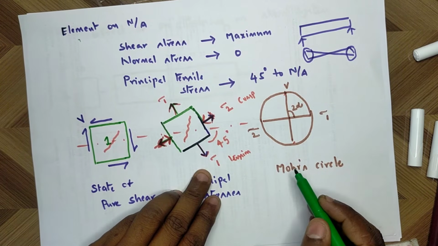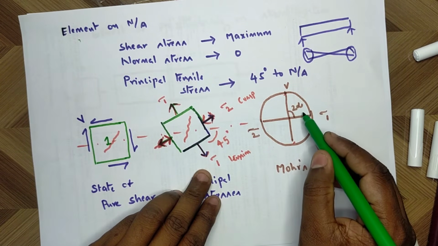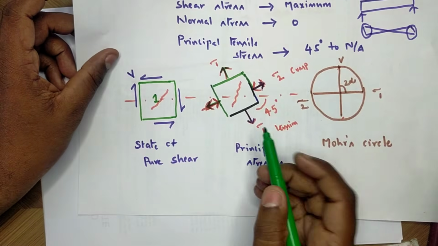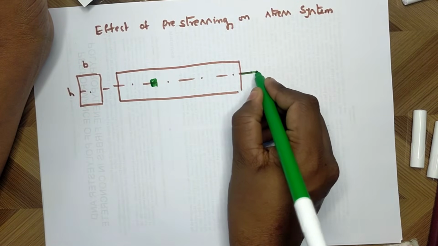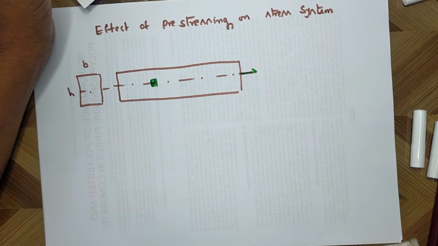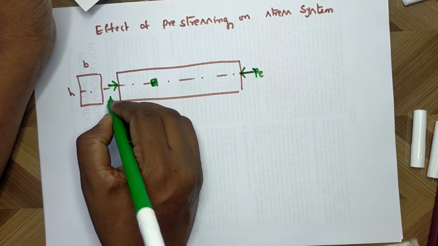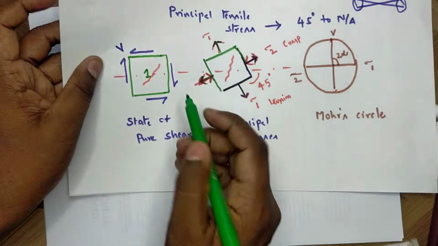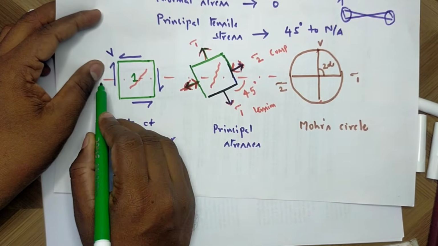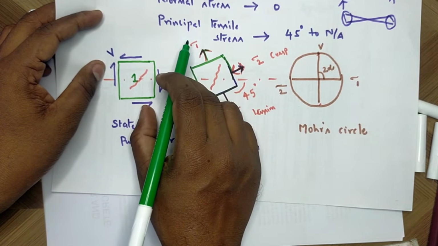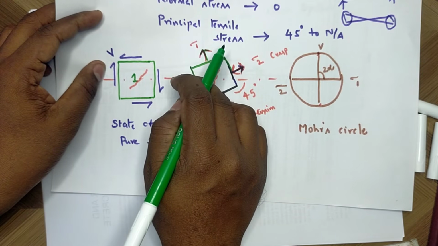In the Mohr circle, 2 alpha is exactly 90 degrees. When we apply a prestressing force here, there will be a normal stress, right? In this case, it is not pure shear, which means earlier we had only shear forces, no normal stress.